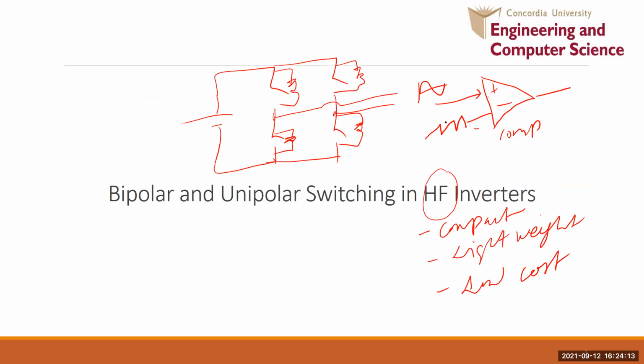When the reference is higher than the triangle, it's high, and whenever it becomes lower, the output becomes low. So this signal goes to TA plus and TB minus, and its complementary signal goes to TA minus and TB plus.